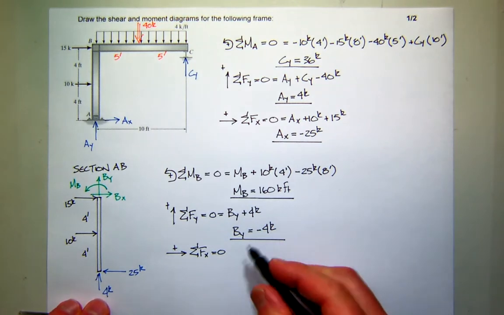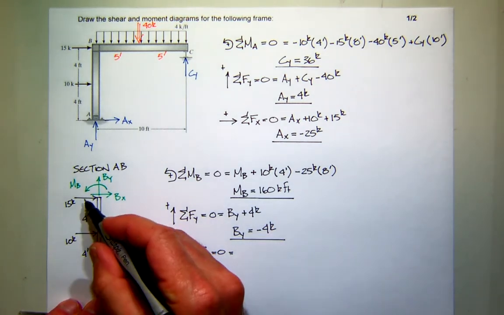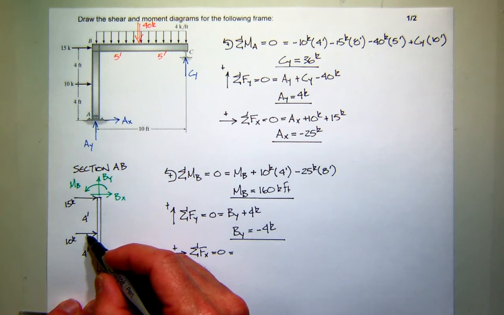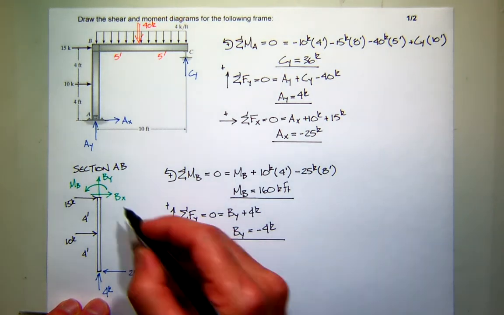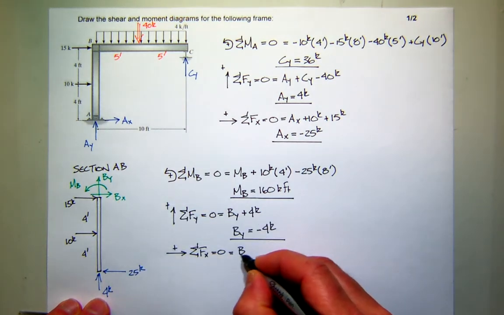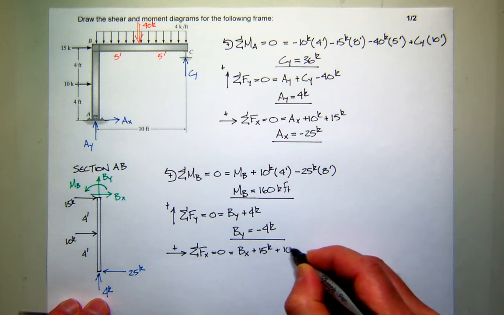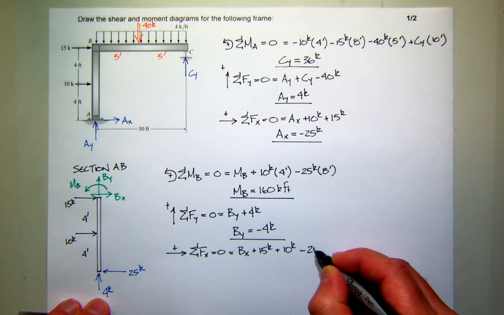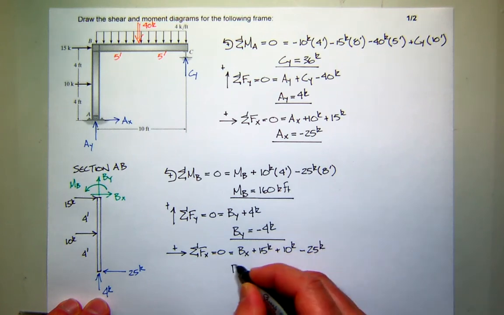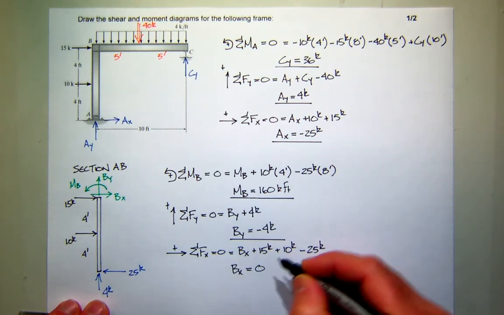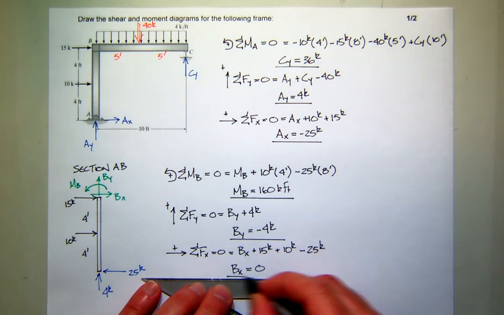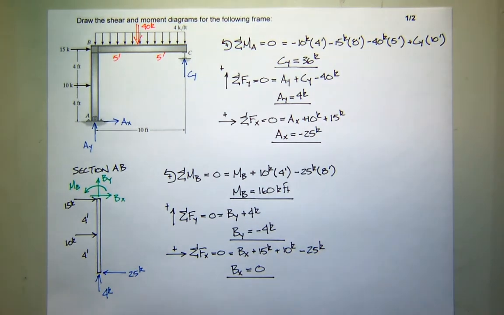What do I have in the x direction? Well, I've got 15 plus 10 minus 25 plus BX. So BX is plus 15 kips plus 10 kips minus 25 kips. Looks like BX is 0. Okay? So that's all the information we need to be able to draw the shear force and bending moment diagram.